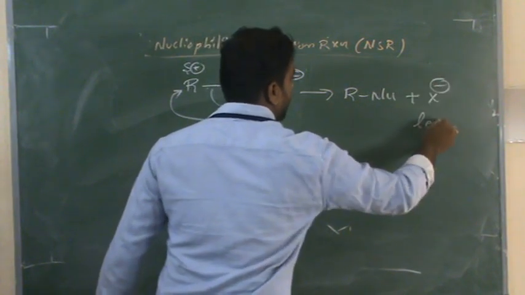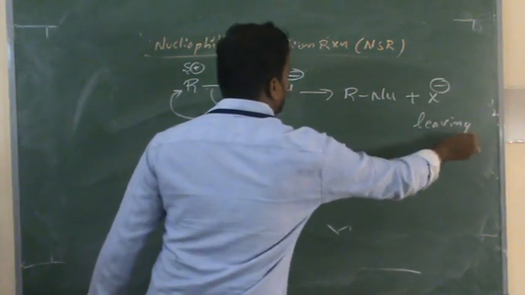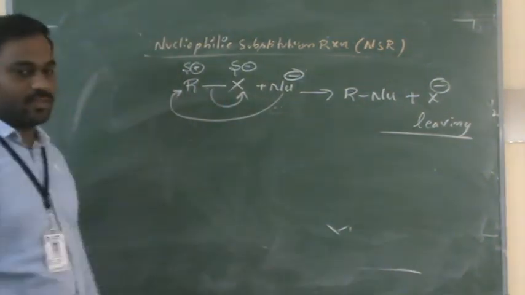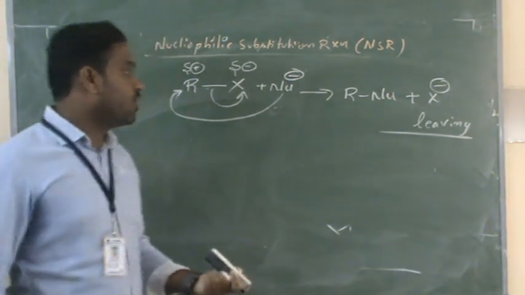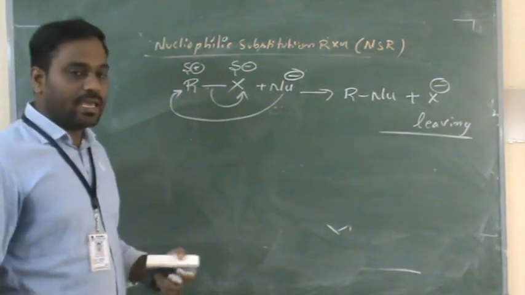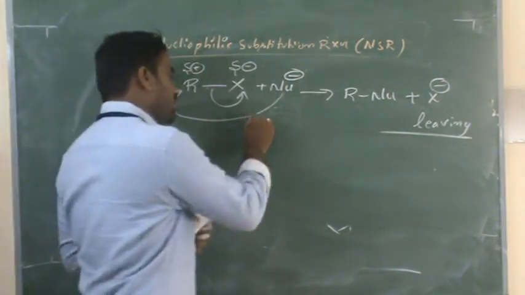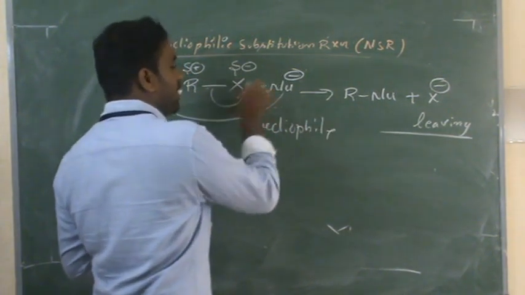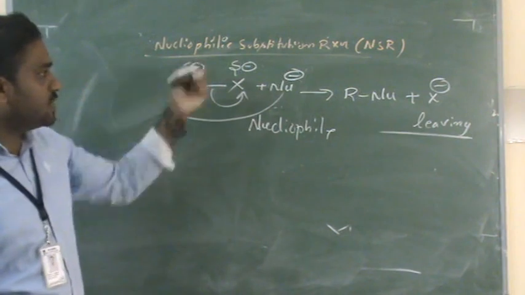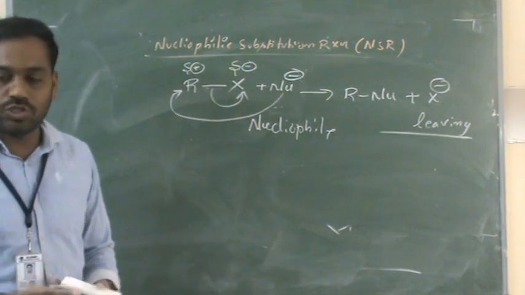Why do I call this a leaving group? It leaves from RX taking more electron density. That's why it is called the leaving group. Now this is called the attacking reagent, also called the nucleophile. So instead of the X, the nucleophile attacks and substitutes. That's why it is called the nucleophilic substitution reaction.